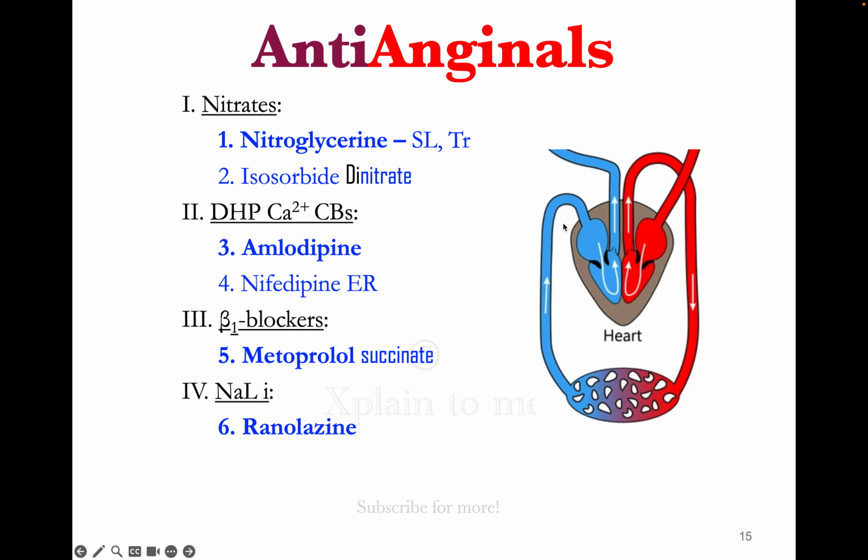But keep in mind, veins are very flexible. Therefore, veins are the one mainly acted by the major effect of nitrates. All the drugs in the nitrate class are targeting veins. But dihydropyridine calcium channel blockers are targeting mainly the arteries.